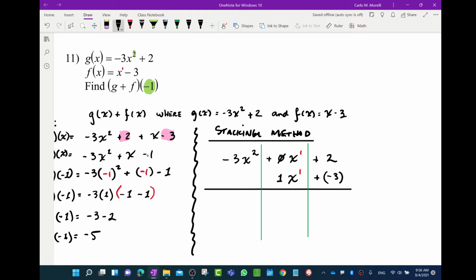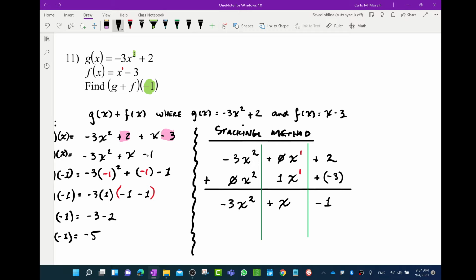Negative 3x squared plus 0x squared is negative 3x squared. 0x to the first plus 1x to the first is just plus x. 2 plus negative 3 gives us negative 1.